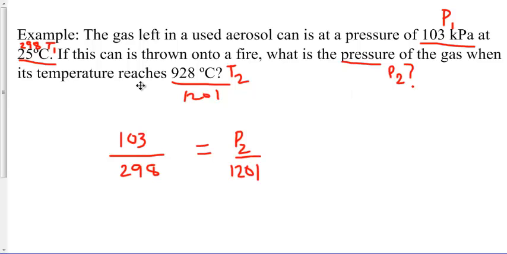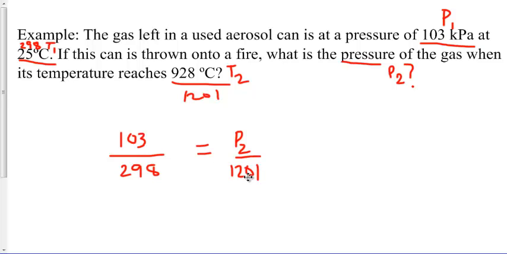I'm going to plug in P1, 103. It doesn't matter if I'm using kilopascals or another unit, as long as I'm using the same unit for both P1 and P2. My T1 is 298. P2 is my unknown, so I leave it as a variable over my T2, which is 1201.